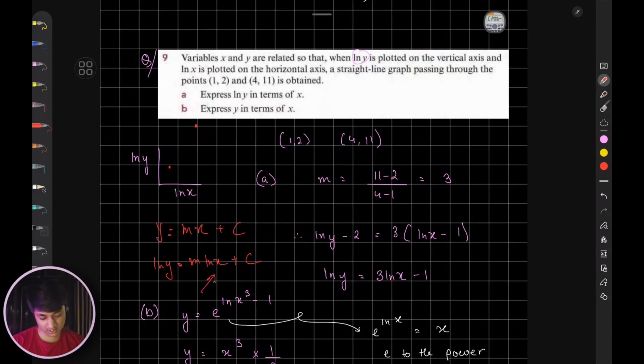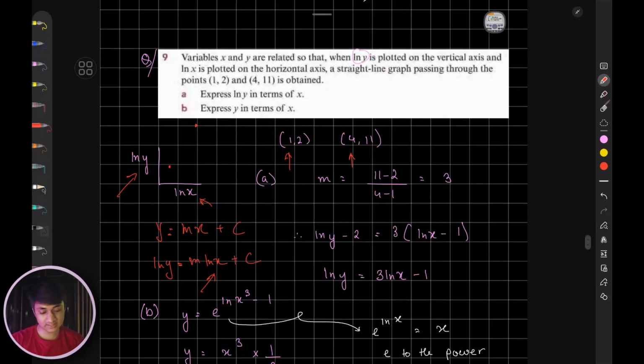Why in terms of ln x? Because they have already given you this bit of information that ln x is on the x-axis. Hence, the x coordinates are the ln x values, right? So your straight line equation is going to be ln y is equal to m times ln x plus c, right?